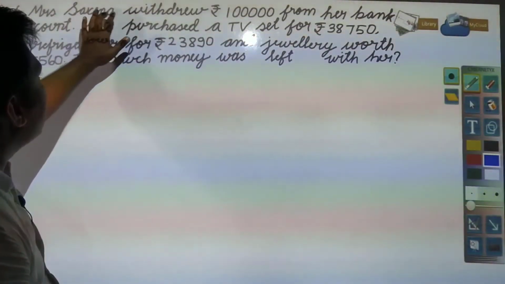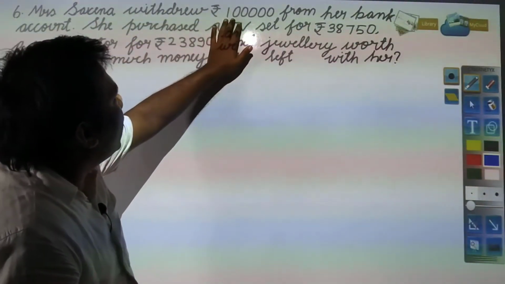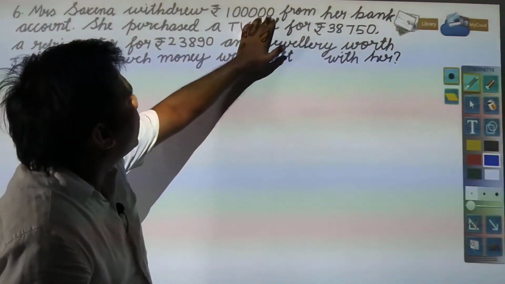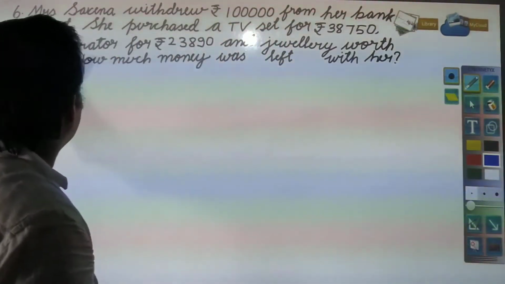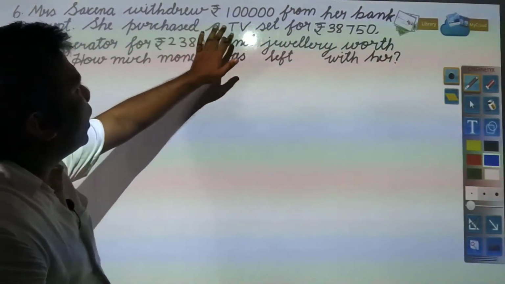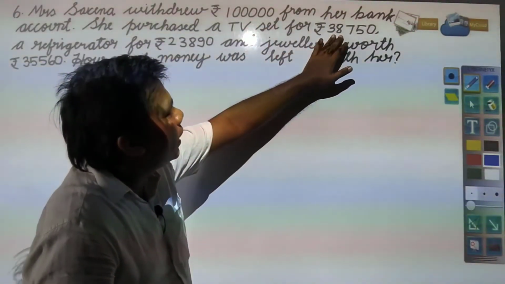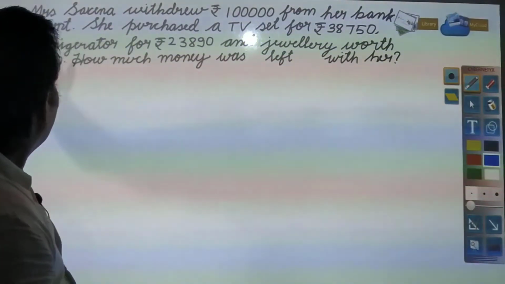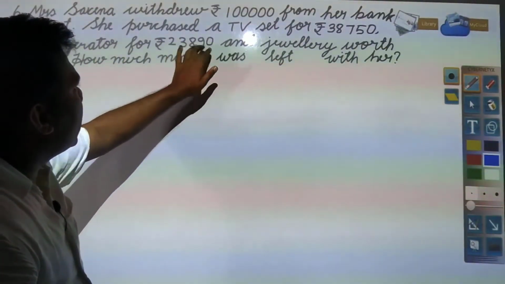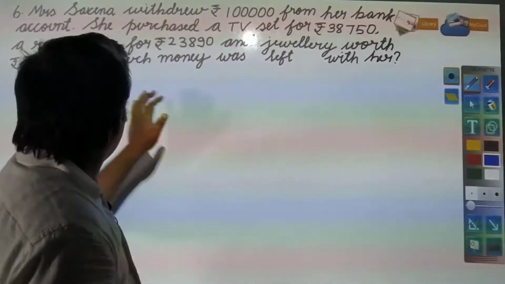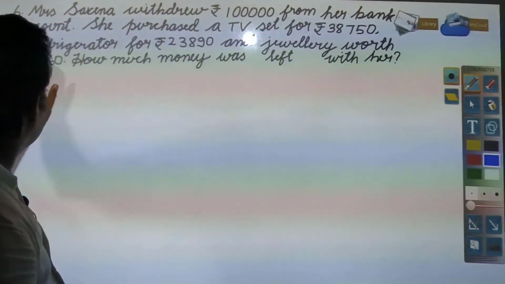Mrs. Saxena withdrew 1 lakh from her bank account. She purchased a TV set for rupees 38,750, a refrigerator for 23,890 rupees, and jewelry worth 35,560 rupees.